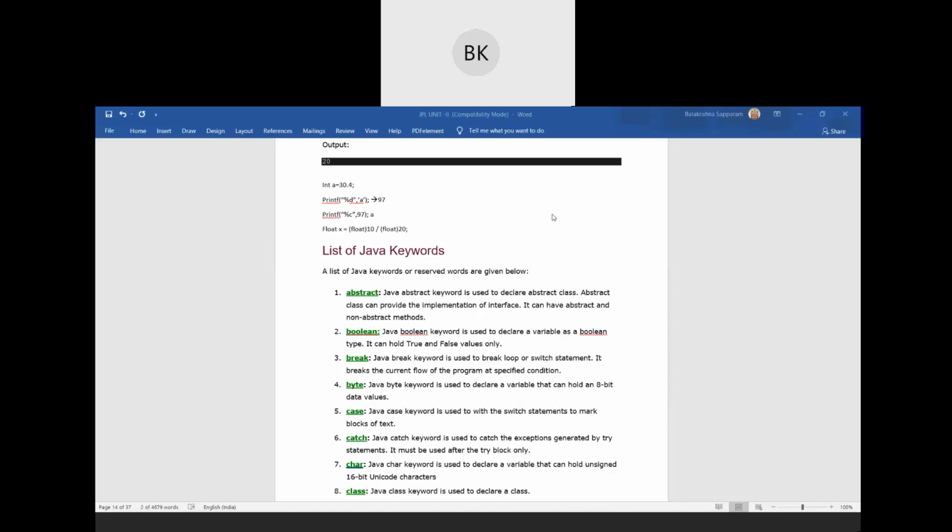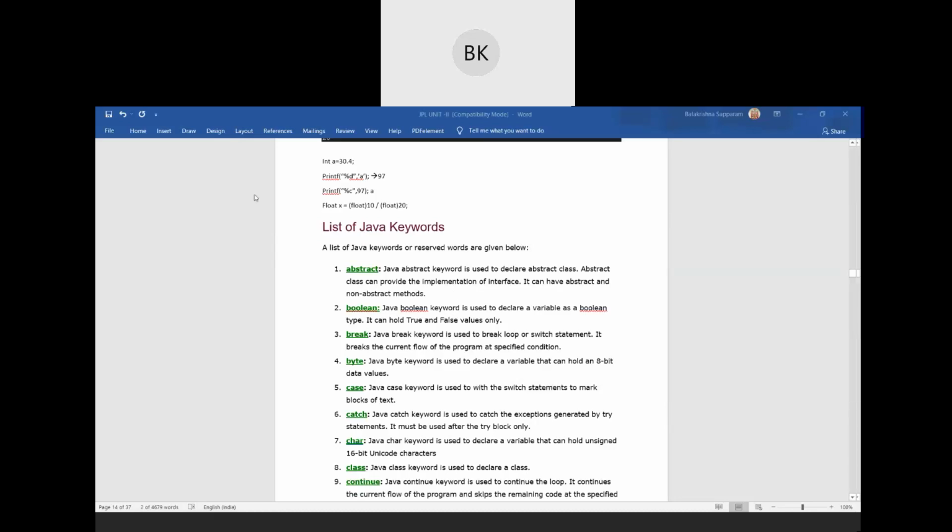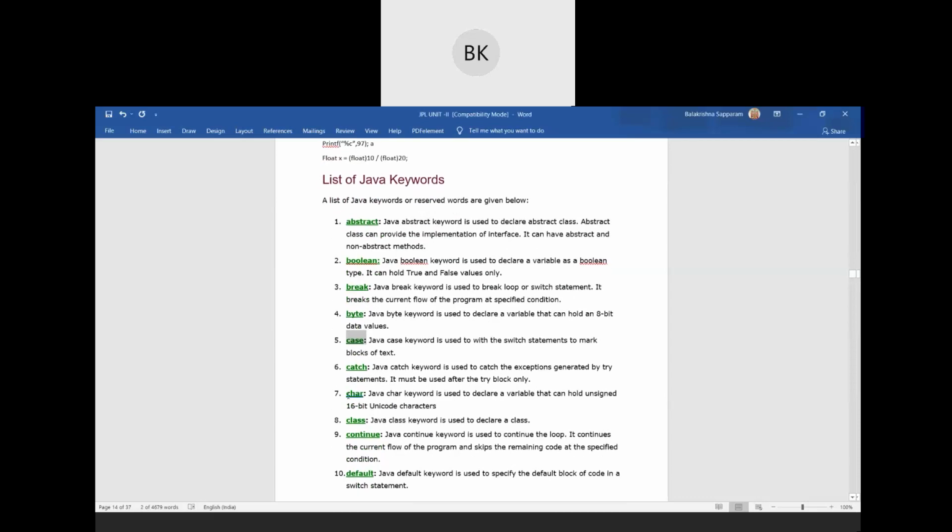Identifiers are the user-defined words. Keywords are the predefined words. Abstract: we don't have the abstract keyword in C language, but Java has abstract. No boolean in C. C has break. No byte in C. Case is there. No catch. Char is there. No class.